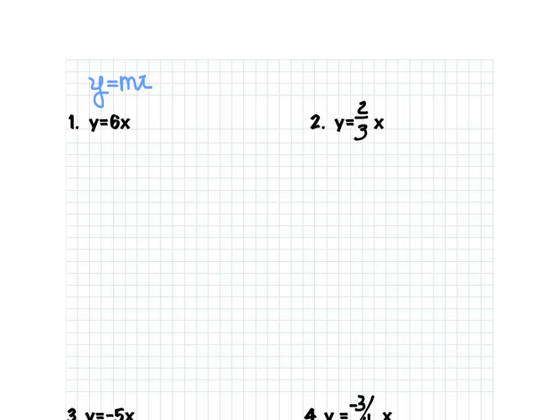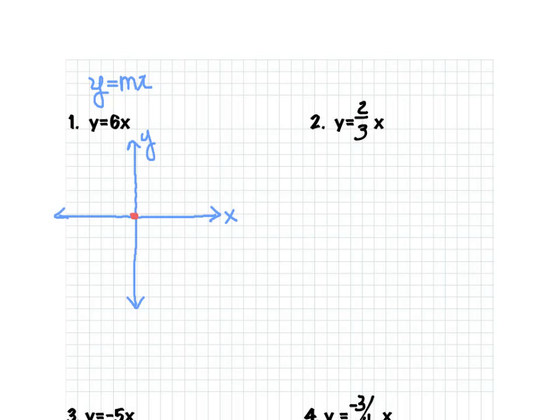I'm going to go ahead and work on graphing that real quick. My first step is always going to be to graph that first point, which is at the origin, 0, 0. Direct variation equations will always go through that point.